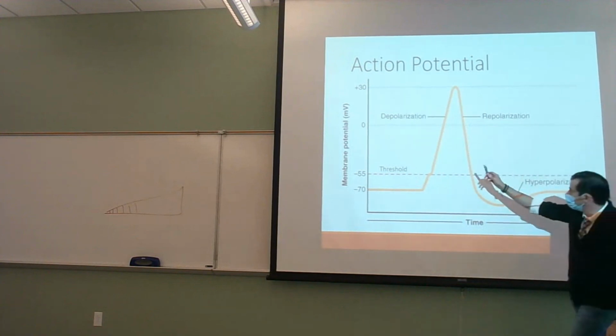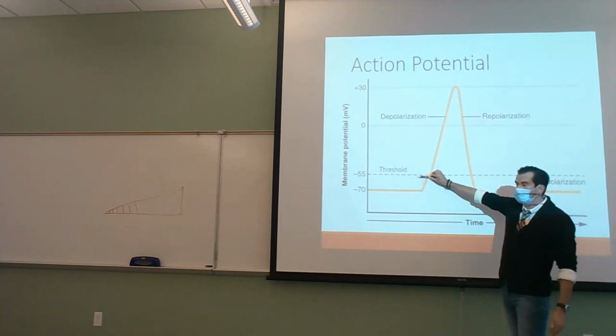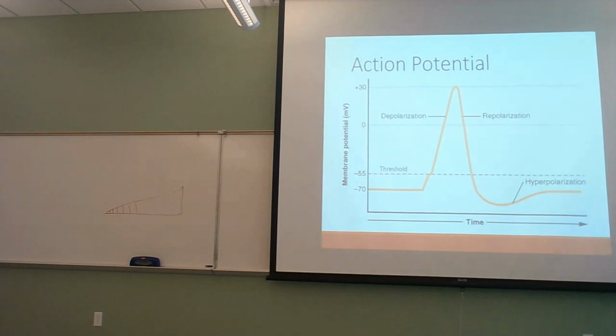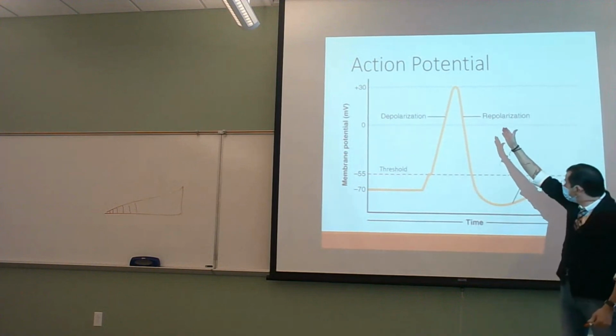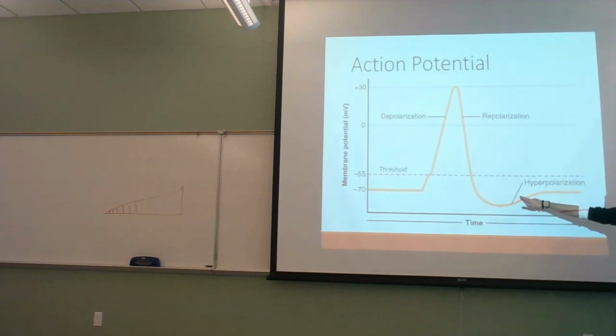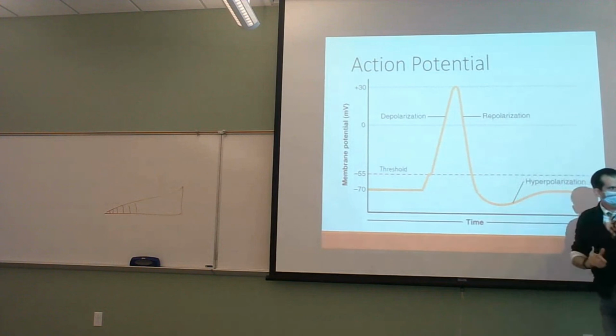That entire pattern, from here, where the voltage-gated channels open up because of the threshold, that sharp spike upwards, the immediate sharp spike back down, a little bit of an overshoot, then a correction. This entire thing is the action potential.